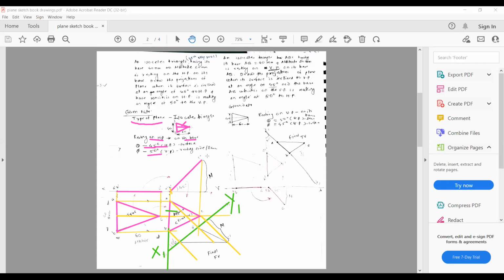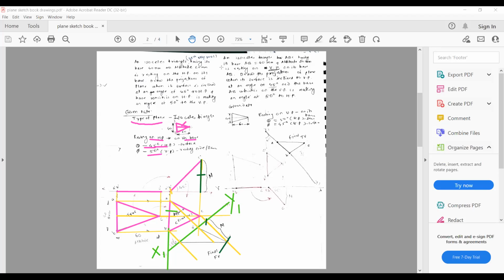Point C, I will make it with a different color. Okay. Your C dash point is away from the XY line by this much distance. So take this distance as a measurement in your rounder, and keeping one end at this junction, the touching point of this projection on the XY line, cut it with that distance, and you will get the C dash point from the X1 Y1 line.